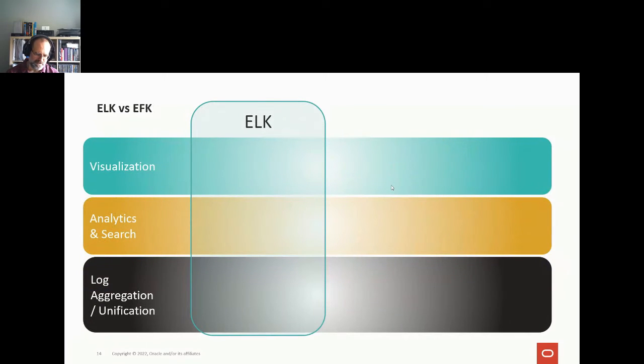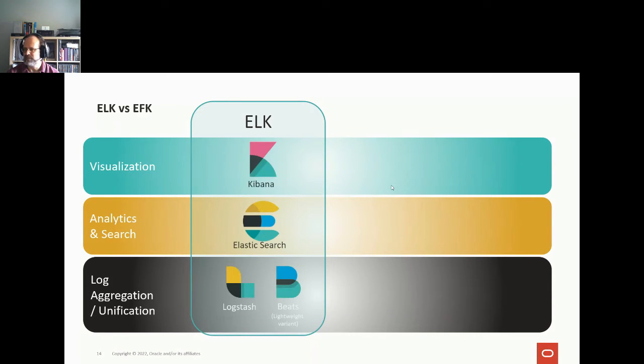So if you're aware of this part of the landscape, and most people have a vague awareness at least these days, you may have come across the ELK Stack, which is Elasticsearch that I mentioned, Logstash, and the Kibana visualization layer.